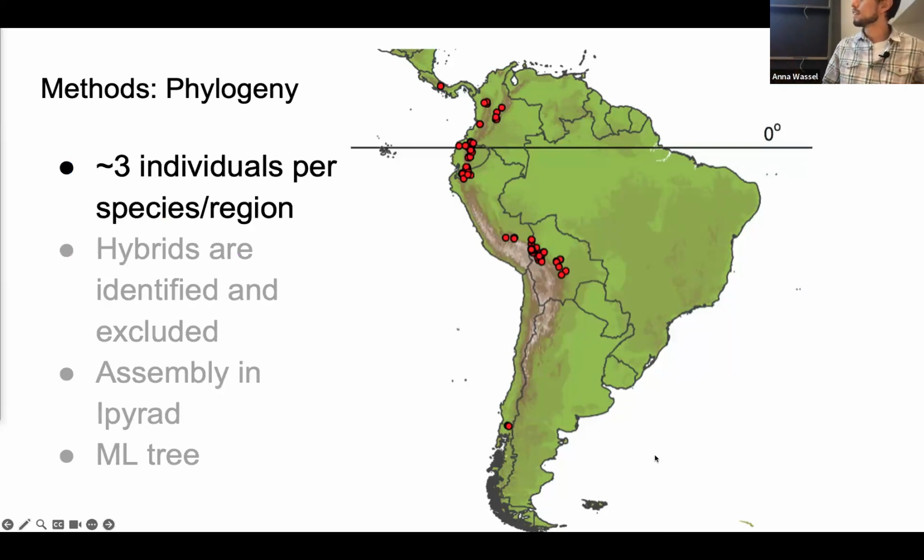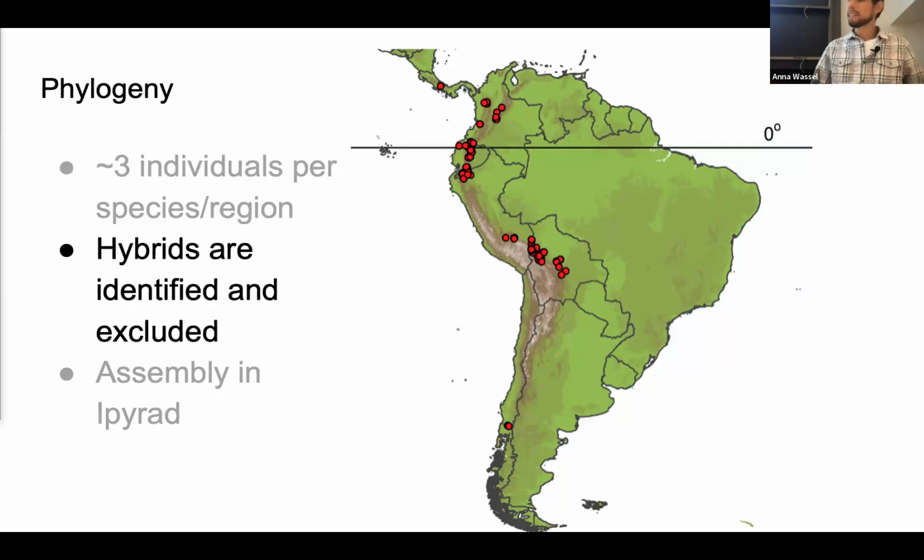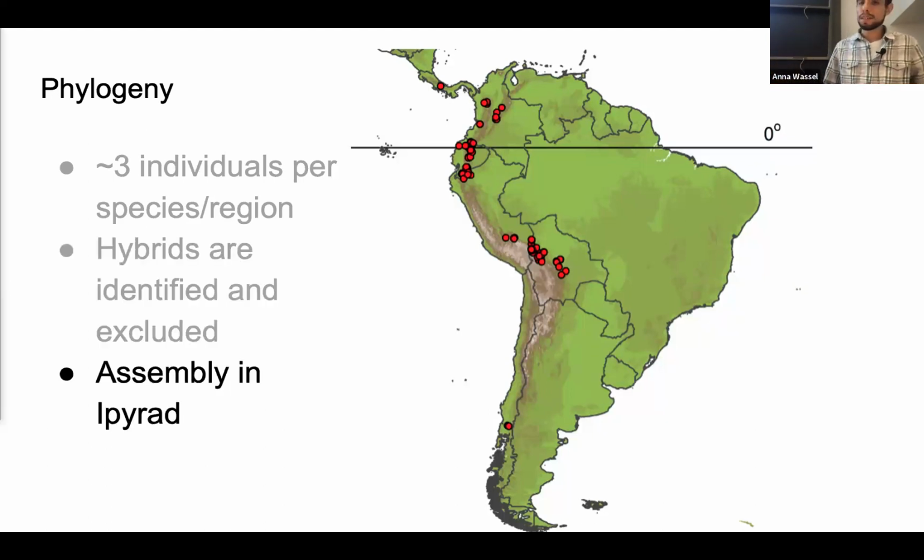And out of this data set for building a phylogeny, we have selected around 3 individuals per species per region. Hybrids are identified either through taxonomic analysis or through preliminary molecular analysis and are excluded from this phylogeny in this case. And well, the assembly is prepared in iPyRAD.